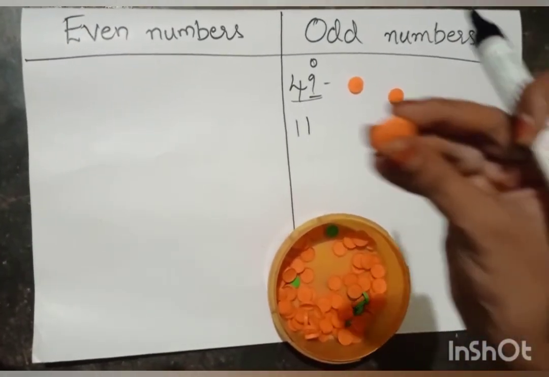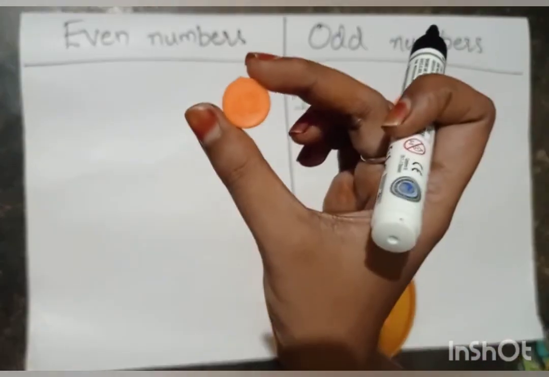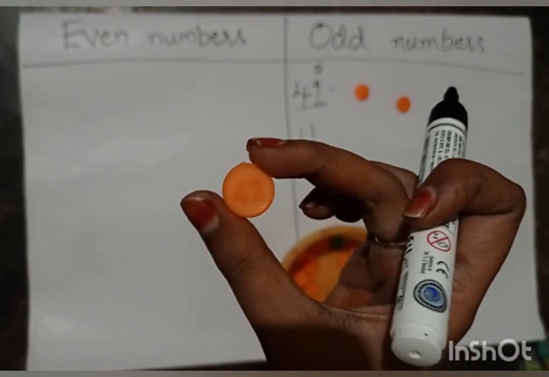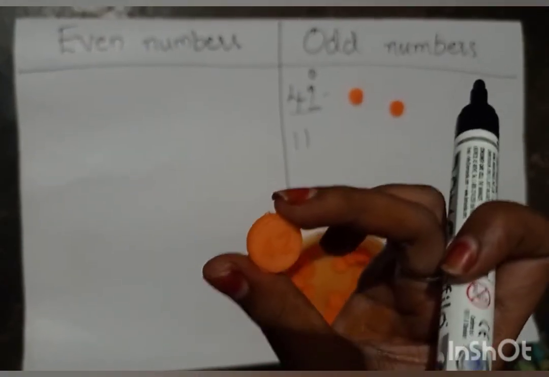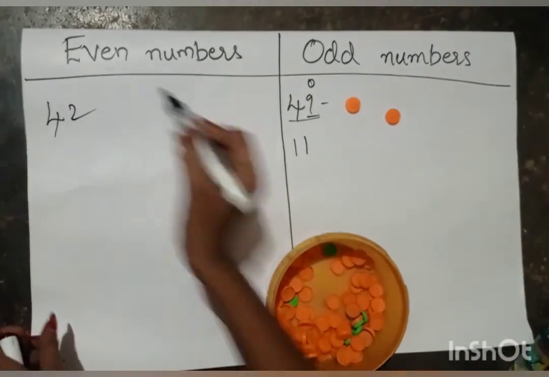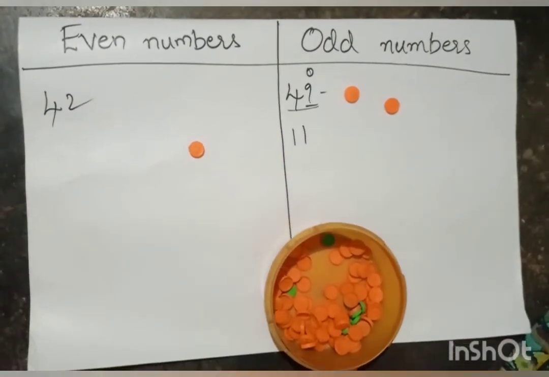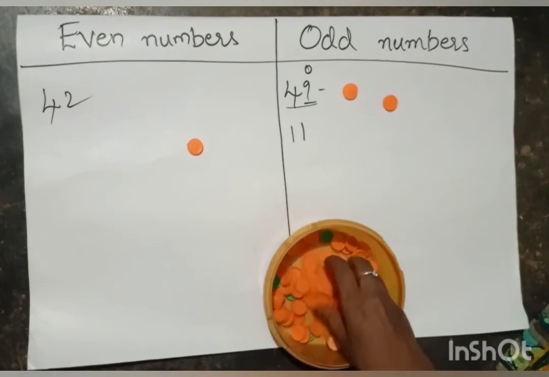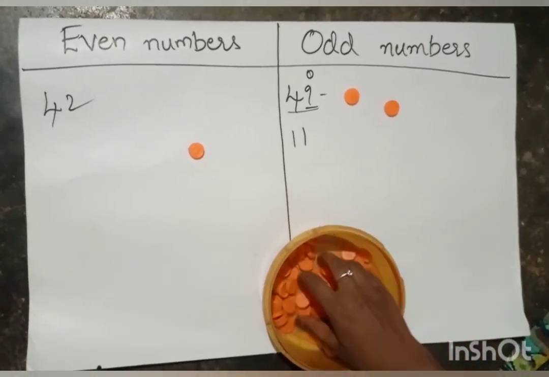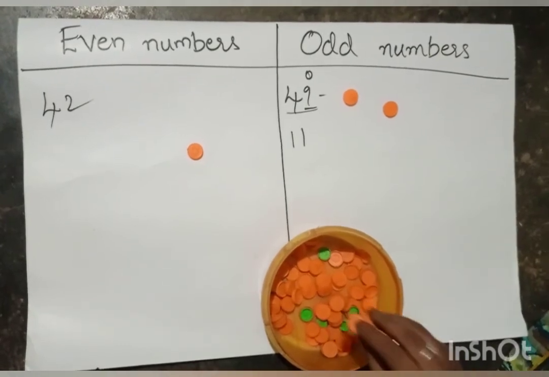Then let's take one more number. See, I am taking it randomly. This number is 42. If you observe the ones place, it is 2. Then it is an even number. So I have to write 42 in the even number column. Likewise, you have to take nearly 10 coins. At least 10. You can do more if you want. But the minimum is 10 coins.